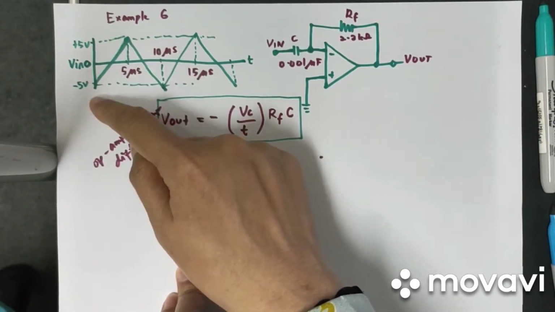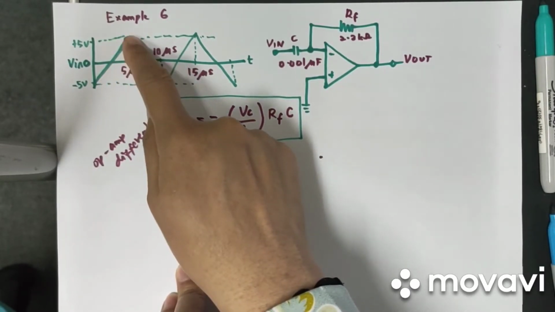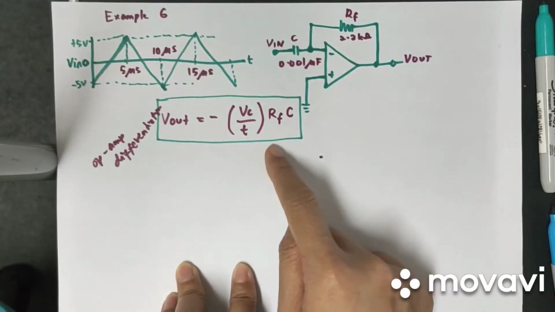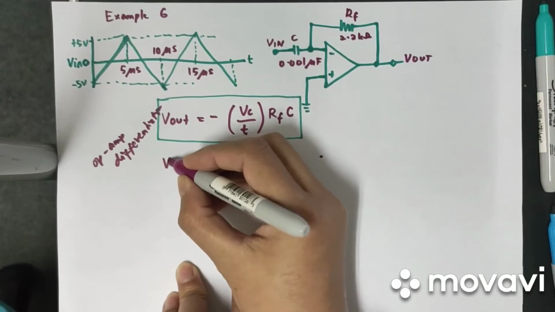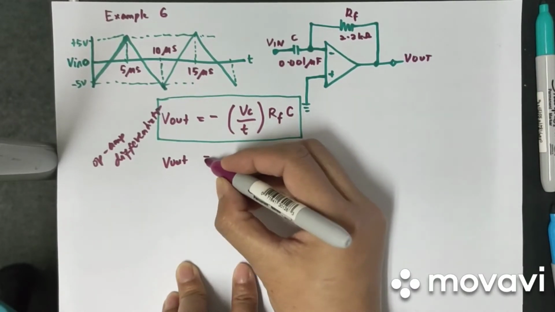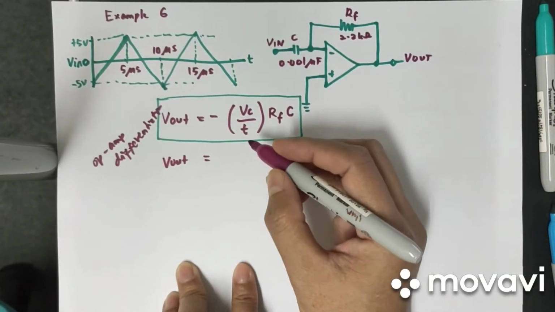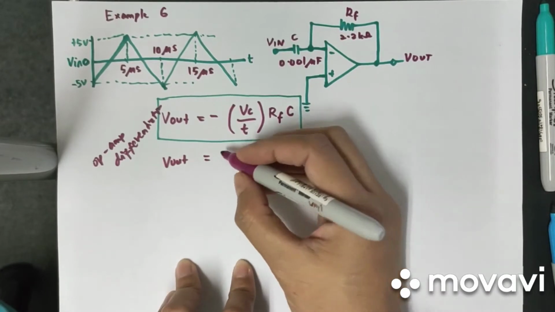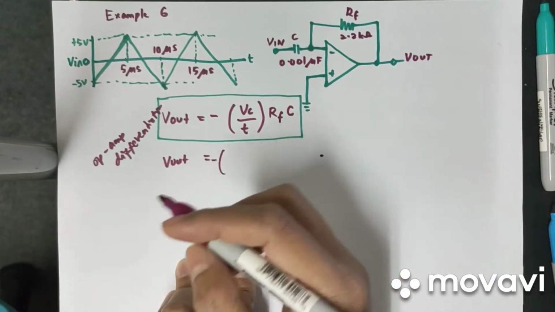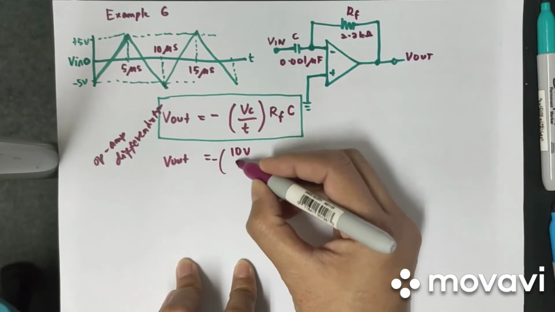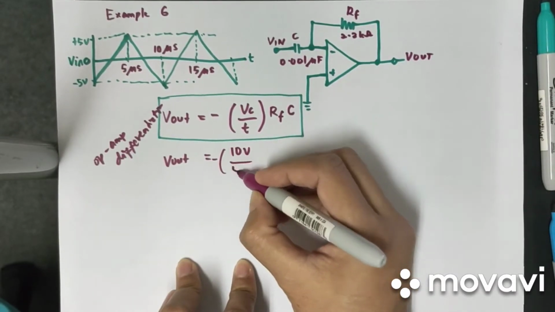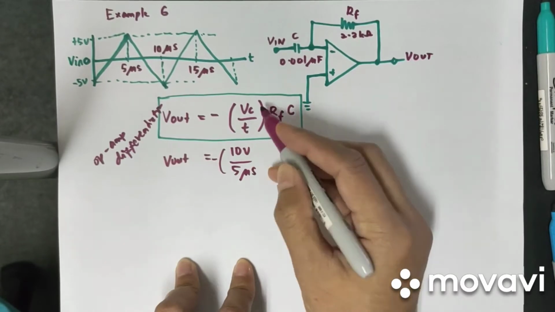For the positive going ramp here, the output will become V out equals to negative 10 volt over 5 millisecond.